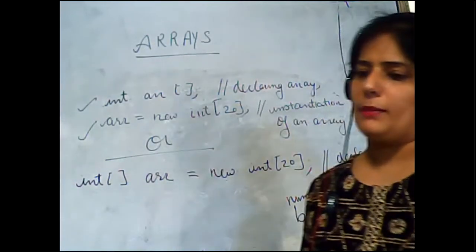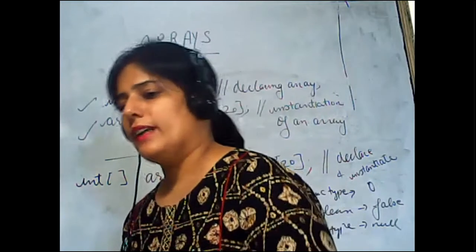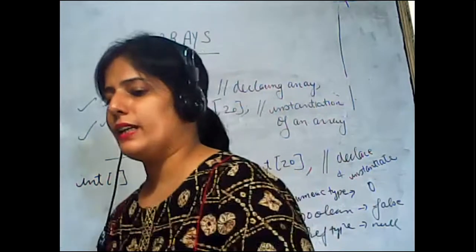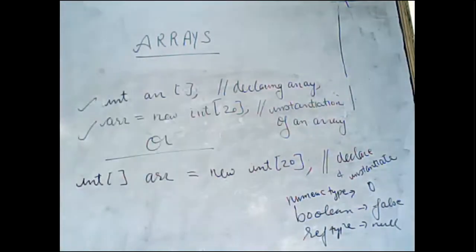So we can say that in Java arrays are dynamically allocated.